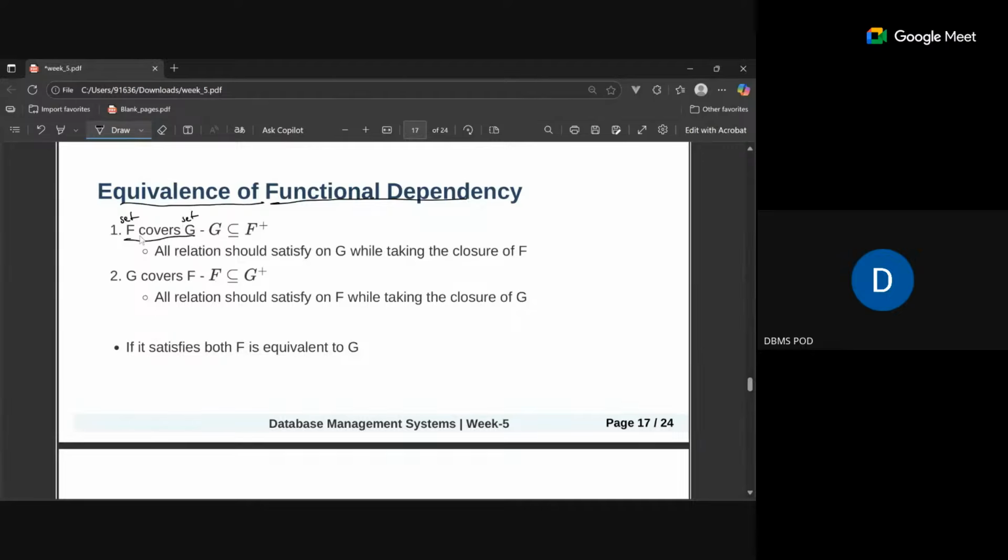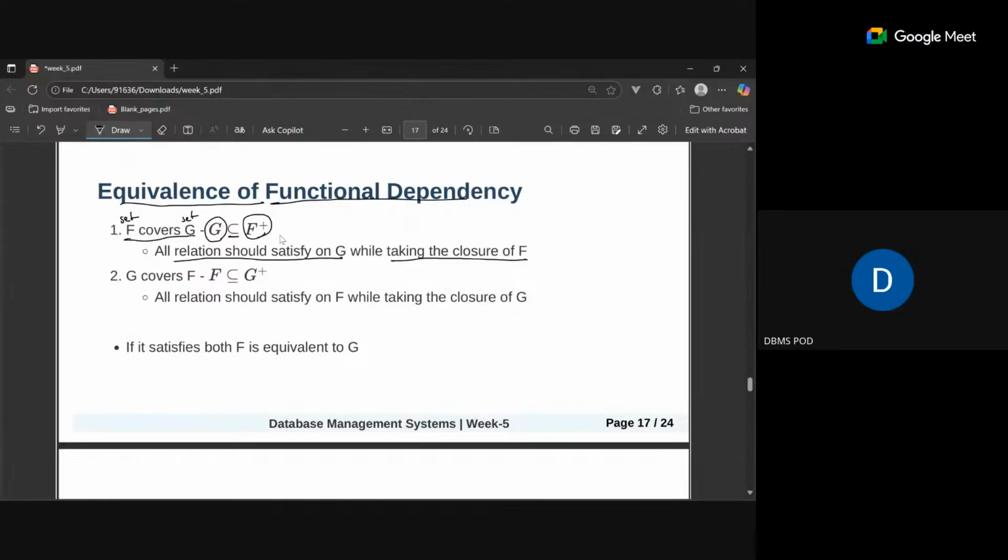In simpler words, F should be a superset or equivalent, so that all the relations should satisfy G while taking the closure of F. If I take the closure of F, all the conditions on G should be satisfied, so that I can say F covers G.